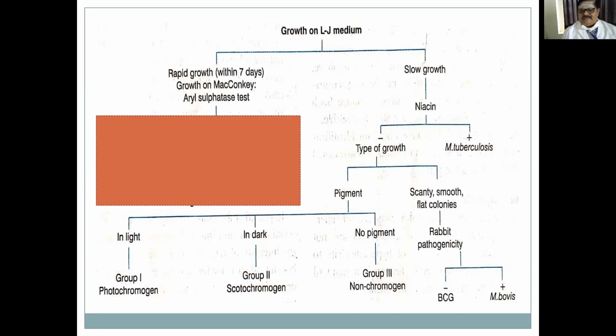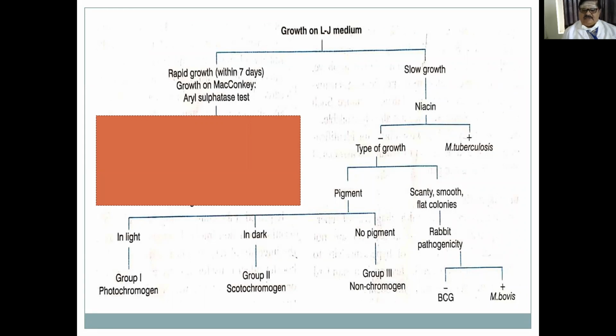If it is scanty, smooth, flat colonies, remember dysgonic growth, then maybe it is Mycobacterium bovis. So then you do a rapid pathogenicity test. If it is positive, it is Mycobacterium bovis. And if it is negative, it is a BCG strain, exposure in the form of BCG vaccination.